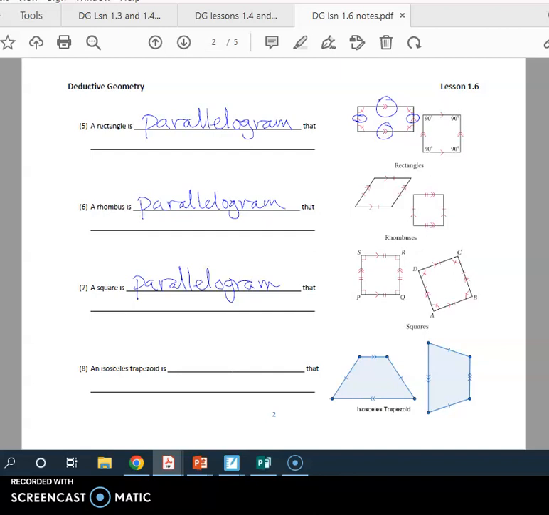So a rectangle has four equal, or four right, angles. A rhombus is a parallelogram, so you get two sets of parallel sides, that has four equal sides.